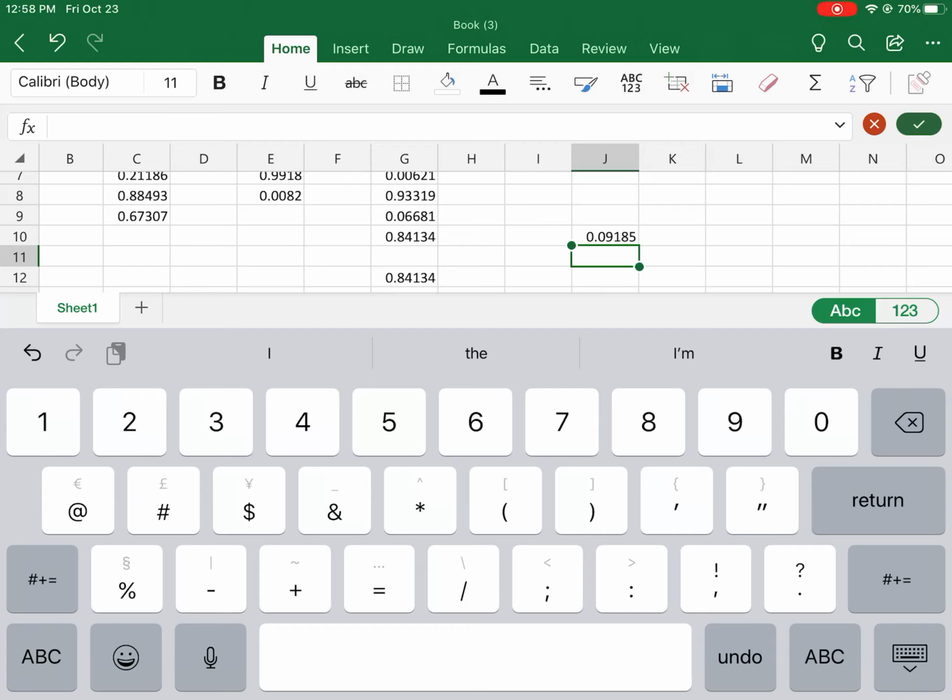Weirdest thing. Never seen that before. So, and I guess this is good to show. If for some reason it's acting up your Excel and it is being weird, just go in and retype it over again, because sometimes there's just weird glitches.